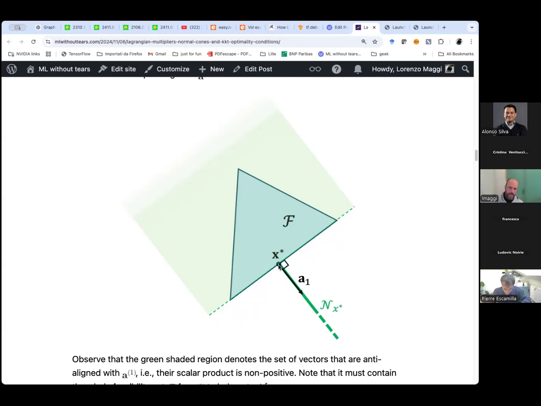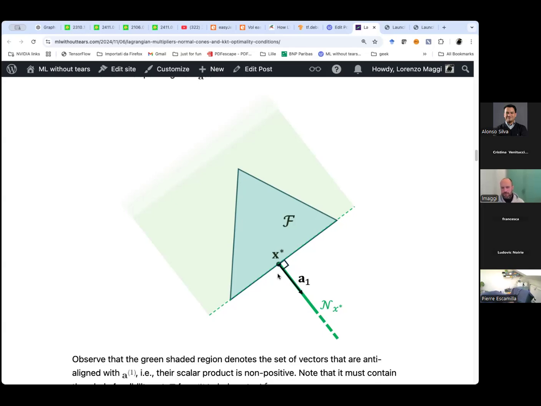Can we find any other direction? Well, no, because visually, of course, this is all visual, if we try with this direction here, it suffices to take this visible direction, which is aligned, which has an angle less than 90 degrees.